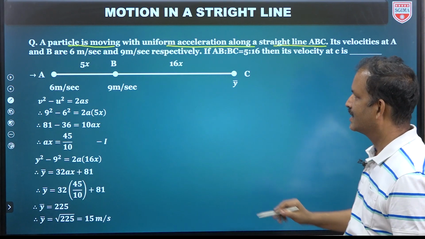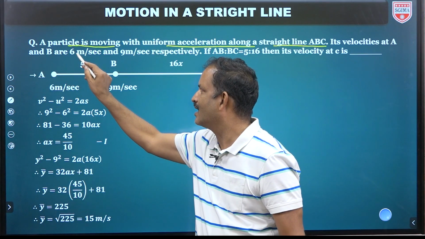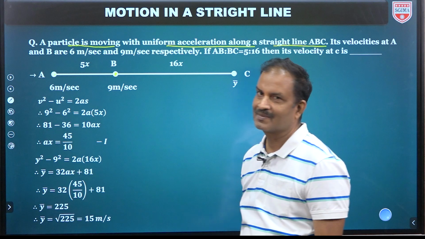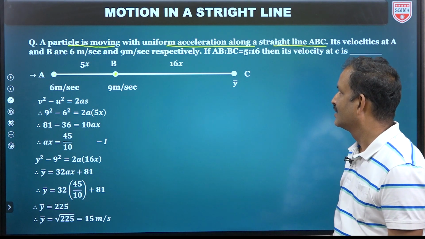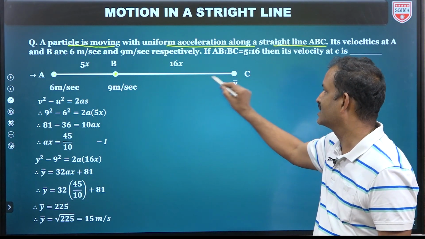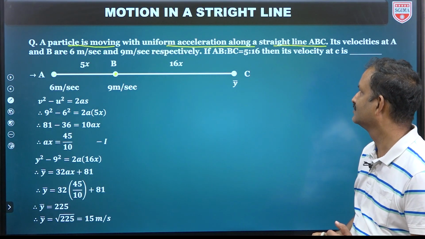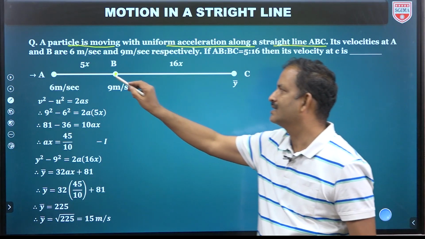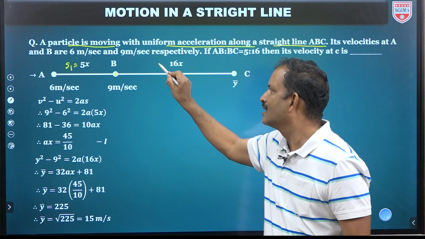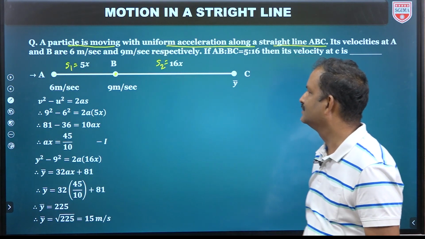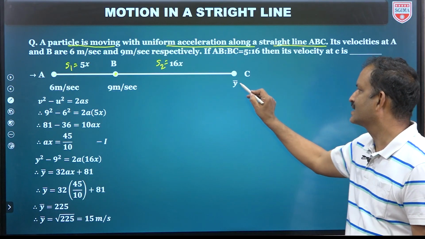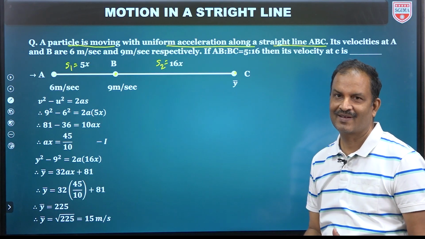Its velocities at A and B are 6 meters per second at A and 9 meters per second at B. If AB to BC is 5:16, then we can write S1 is 5x, S2 is 16x. Then I want to find out the velocity at C.